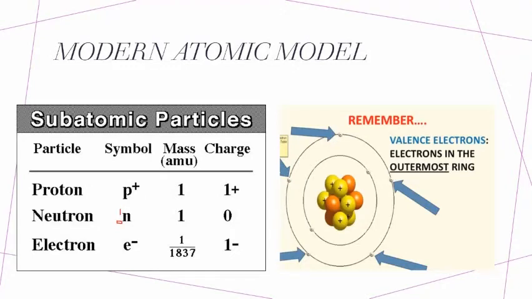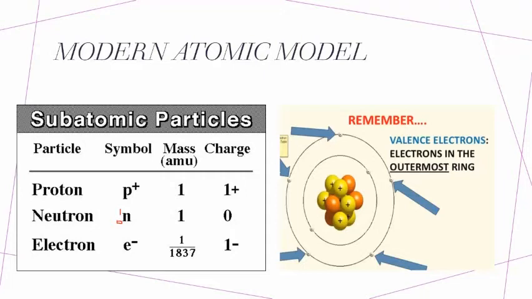I already told you what the top part is. It is called the mass number. 1 is its mass number, and 0 is the atomic number because it does not have any atomic number, so it is 0. So that is about the neutron. Its symbol is N, mass 1, charge 0.